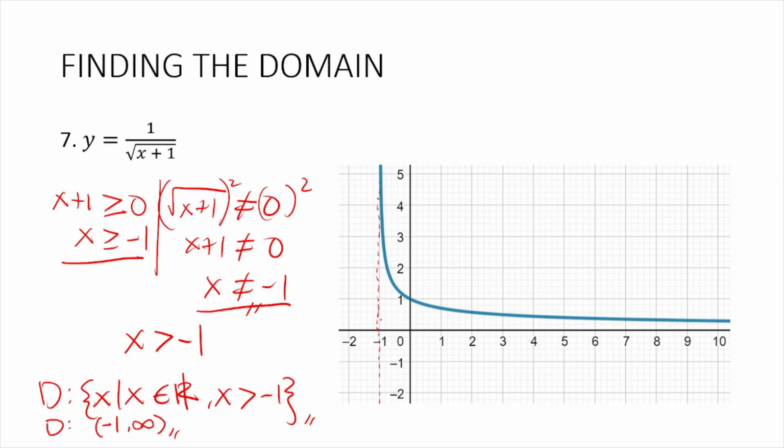From -1, excluding -1 because there's an asymptote, going to the right up to positive infinity. So that's the domain for this function. Okay, so that's how we find the domain for functions.